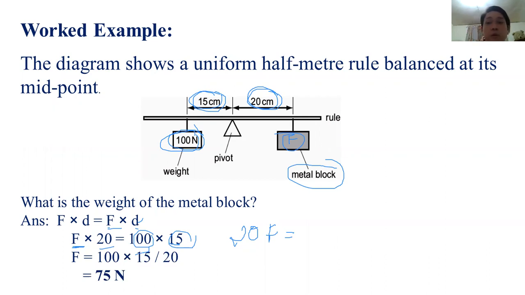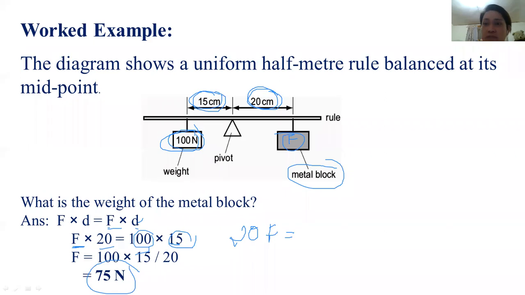Again, we can use the formula of the state of equilibrium, F times D is equal to F times D, or the total clockwise moment is equal to the total anti-clockwise moment. Then we just substitute and do the math: multiply 100 times 15 and divide by 20. So that gives us a final answer of 75 newtons.